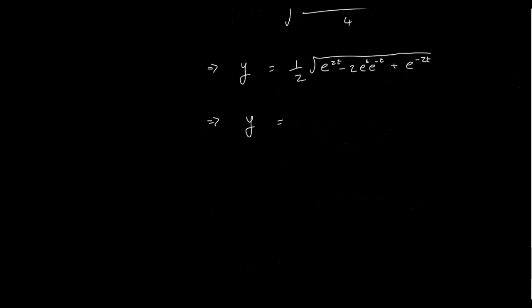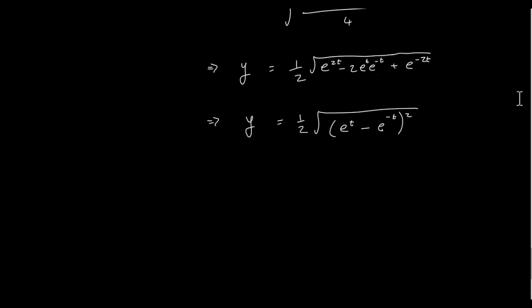Now we have half the square root of, you can see that this factorizes to e to the power of t minus e to the power of minus t, squared. Because e to the power of t squared will give us e to the power of 2t, minus e to the power of minus t squared will give us e to the power of minus 2t, and then if we multiply these two together and double it, we'll get this one here.